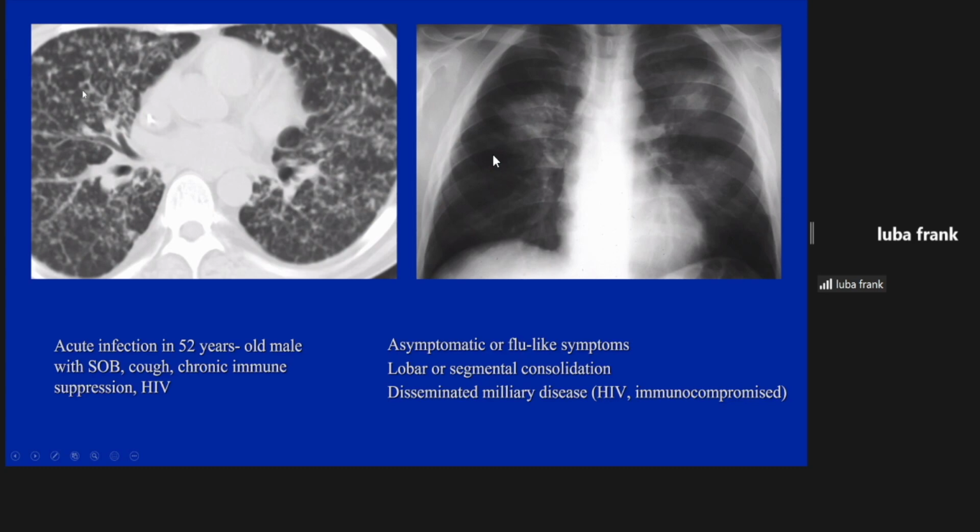But on the CT, this is a different patient, 52 years old with HIV. This is a case of diffuse or disseminated blastomycosis, and it can resemble lymphangitic spread. It can resemble metastatic disease as well. So we really need to make sure that we remember that disease.